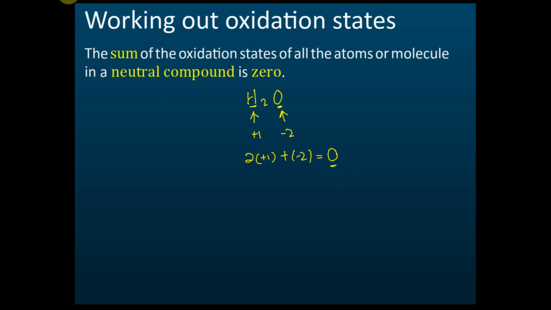The sum of the oxidation state of all the atoms, you see we have 3 atoms, 2 hydrogens and 1 oxygen, in a neutral compound, because this water is neutral, is equal to 0. So the sum of oxidation state of a neutral compound is 0.